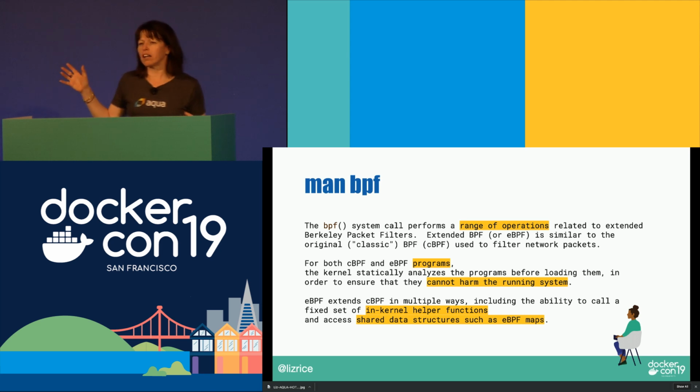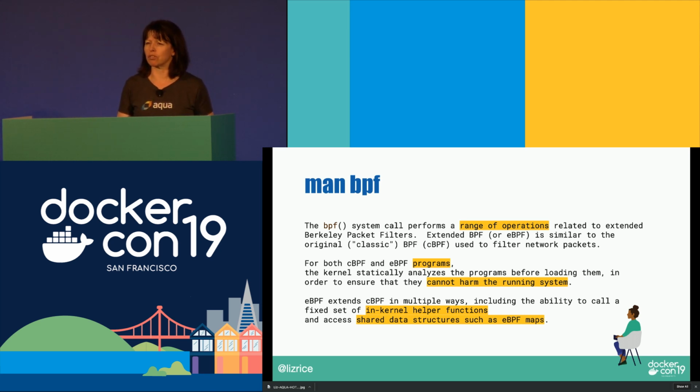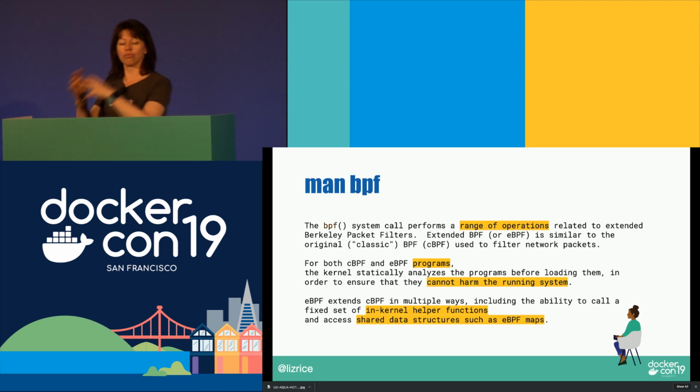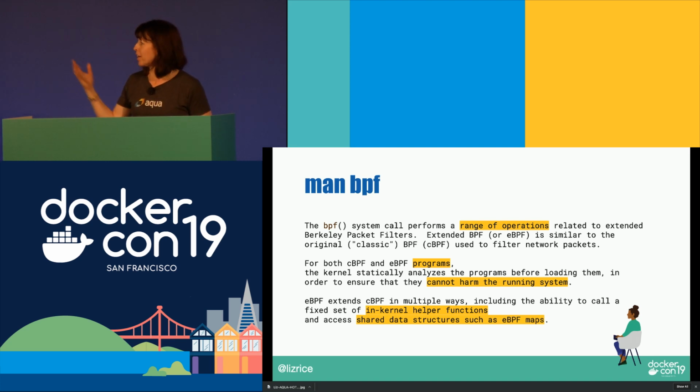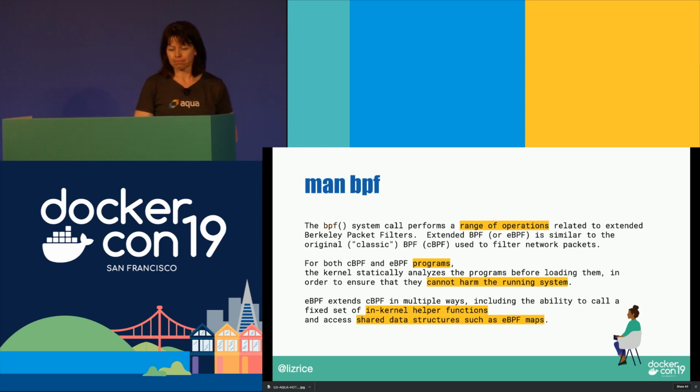Those highlighted things are pretty much the agenda for what I want to cover in this talk. So by the end of this talk, we should understand a little bit about what you can do with BPF, what these programs are, how you use the BPF system call to run these programs, a little bit about verification, and a little bit about these data structures and in-kernel helper functions.